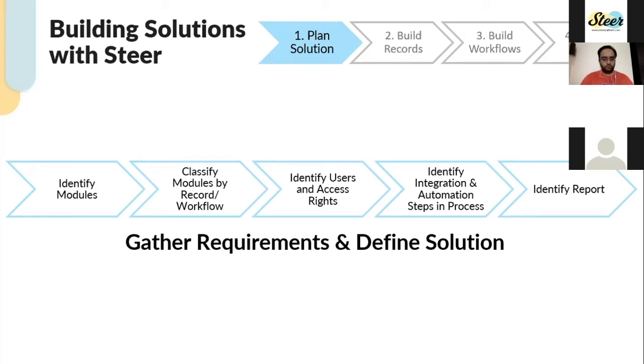And then afterwards, we need to identify any possible automation points, things that we can automate or where we can integrate. And then lastly would be to identify reports, especially for decision makers.